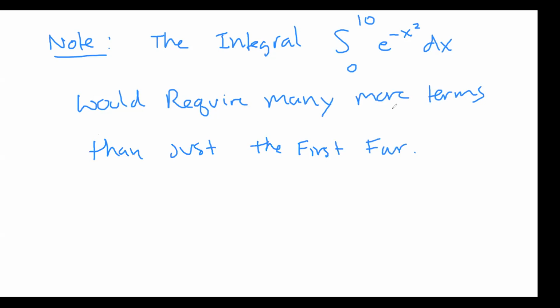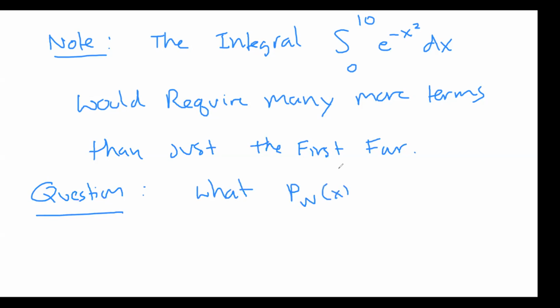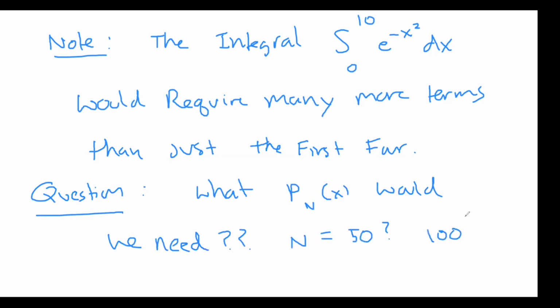The question would be, how many terms, what order polynomial would I need for a good approximation? So what P sub n would we need? You know, n equals 50, 100. Do you get what I'm getting at here? So when we go back and look at the graph, you'll see they started to separate around 1. And that means if we tried to approximate it, we would get nonsense.